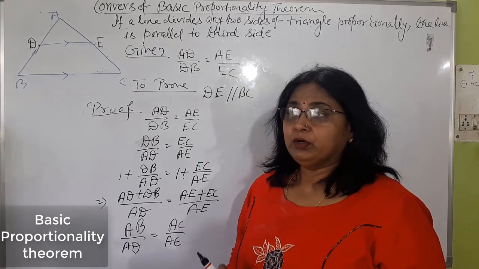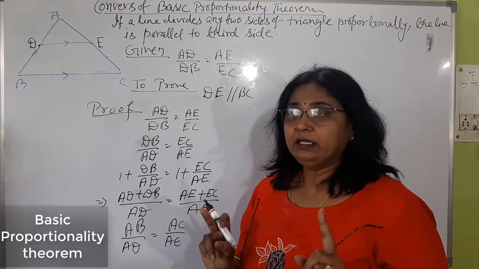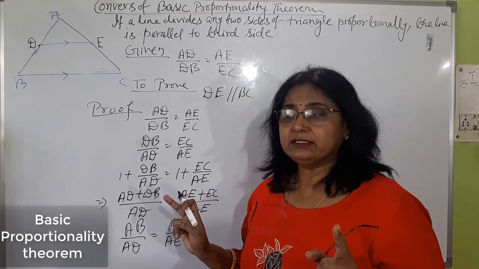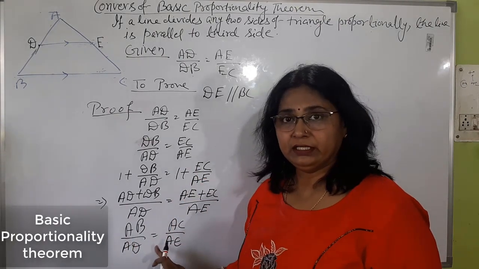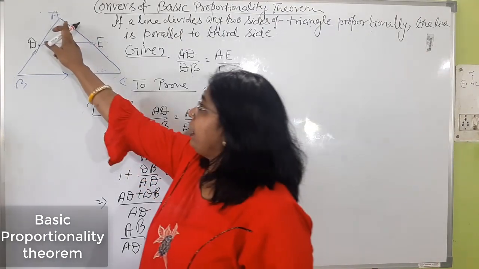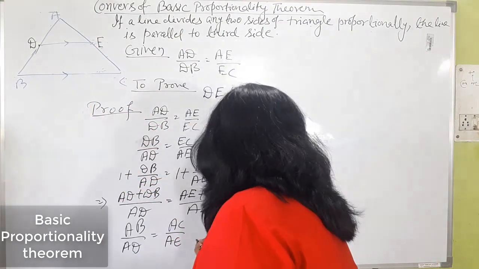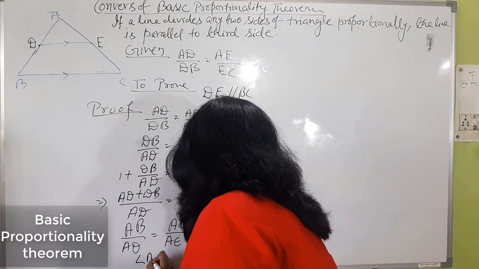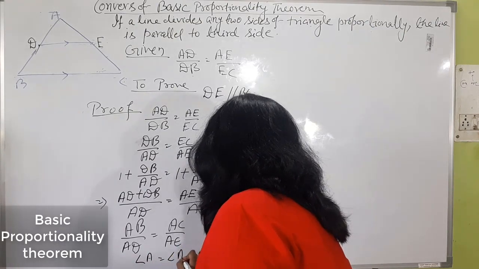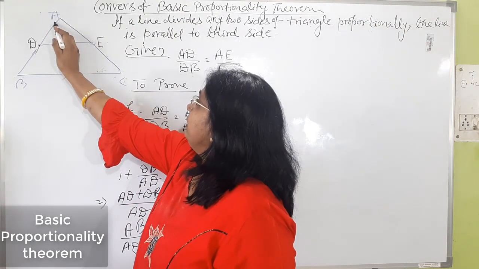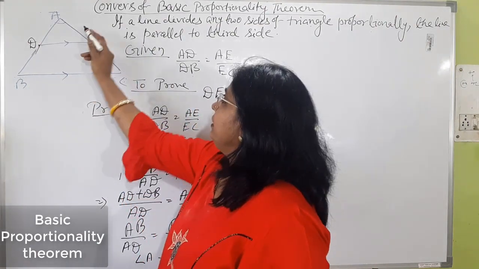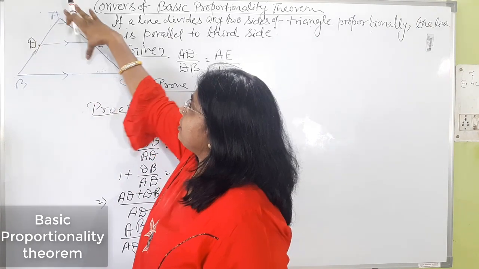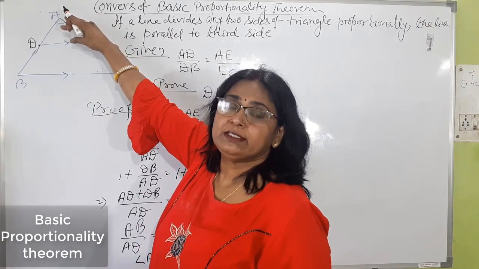Now recall the postulate of similarity. In the postulate of similarity, if in two triangles their corresponding sides are proportional to each other and corresponding angles are equal, and angle A is equal to angle A, angle A is common in both triangles and sides are proportional to the corresponding sides.